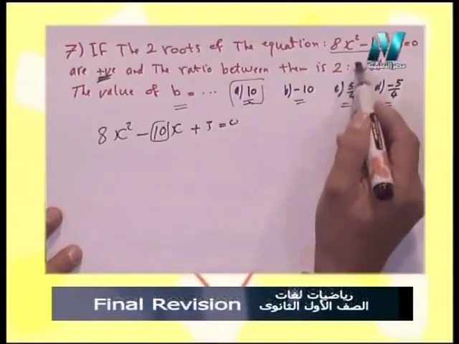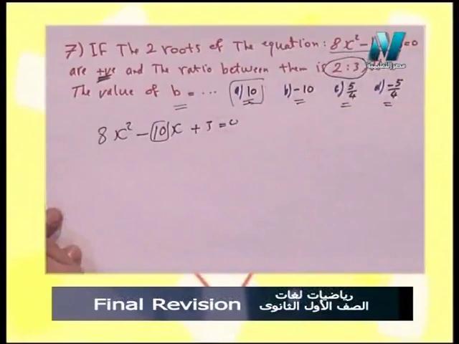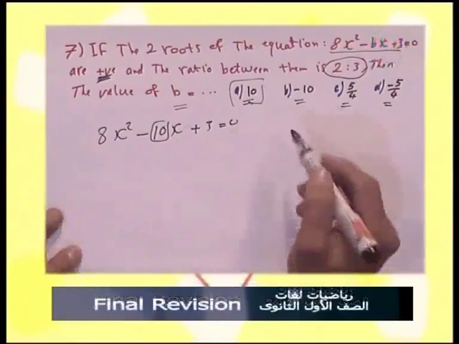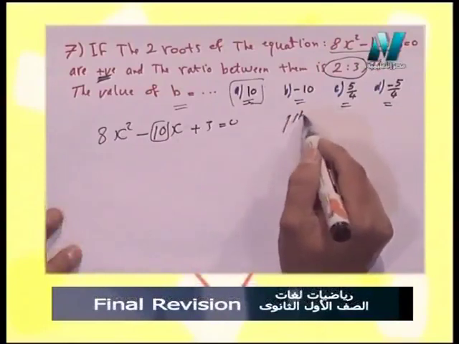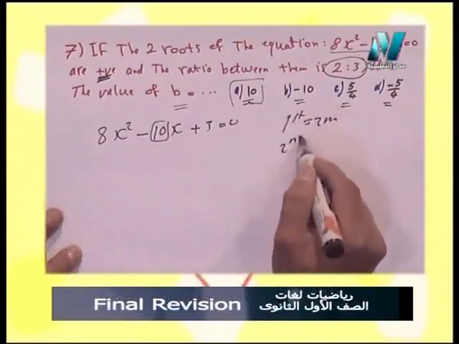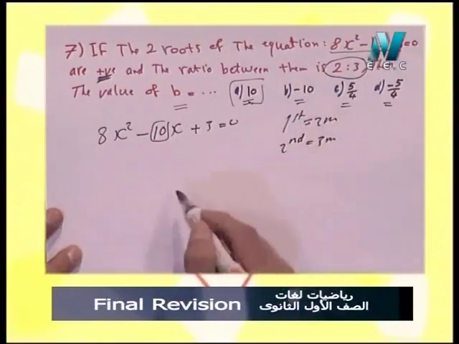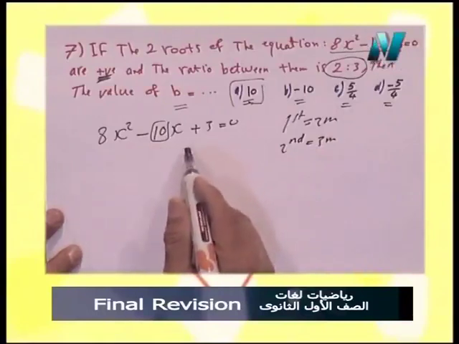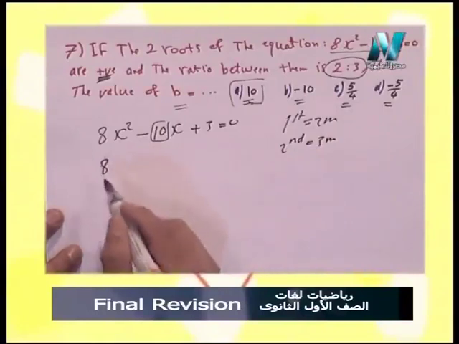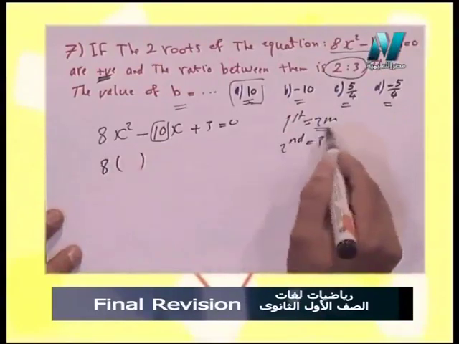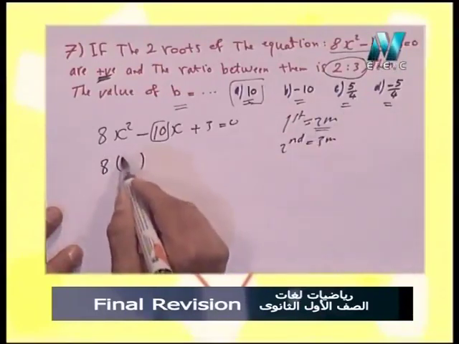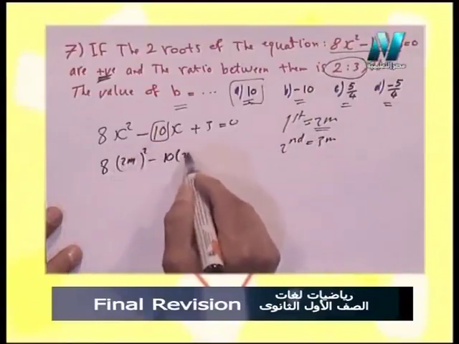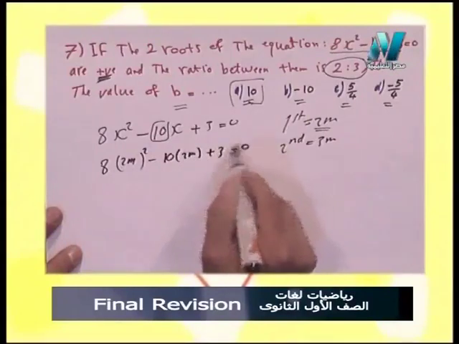And we have here the ratio between two roots, 2 to 3. If we put the first root as 2m, second root as 3m, and we try to find out is it really equals 0 or not. 8 here multiplied by 2m power 2 minus 10 multiplied to m plus 3 equals 0.